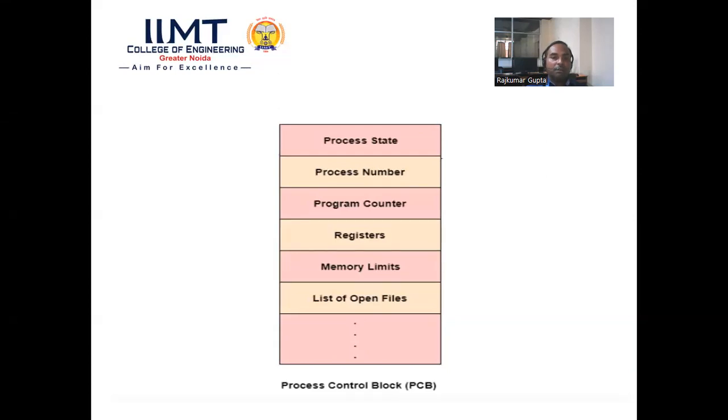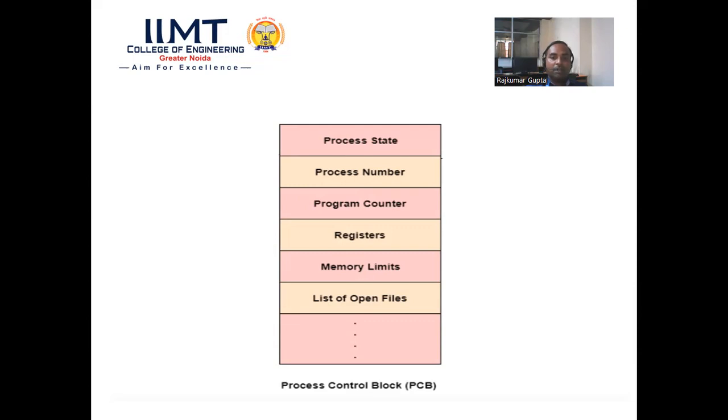Now, the next is program counter. I have told you program counter is able to keep the record of instructions which is going to be executed by the CPU. Next is register. Registers are basically CPU registers. CPU register means it may be the accumulator, it may be index register. So these are the registers.